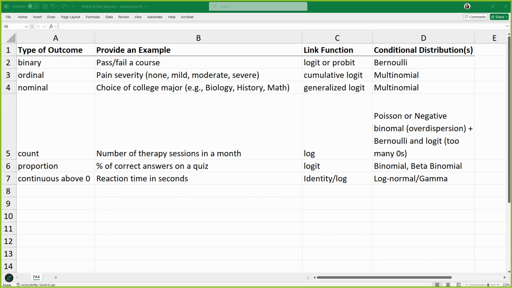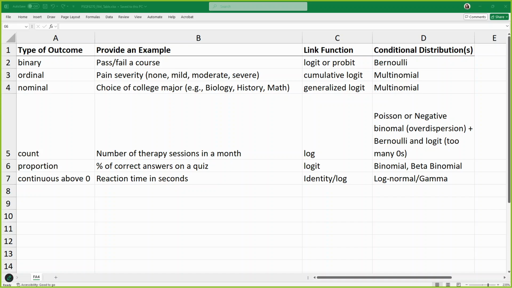Then when we have something ordinal, such as pain severity, and we have levels or a Likert scale, we can use a cumulative logit link, and we could use a multinomial conditional distribution to fit our multinomial regression model. And here, we could also use at least one, I think, other 2 link functions, even if they are ordinal.